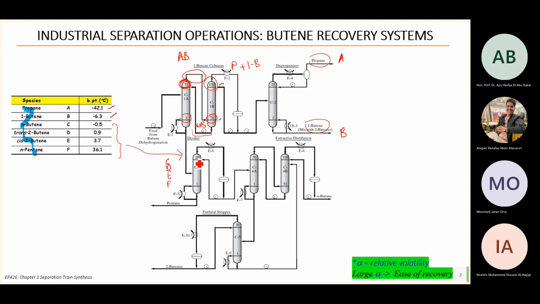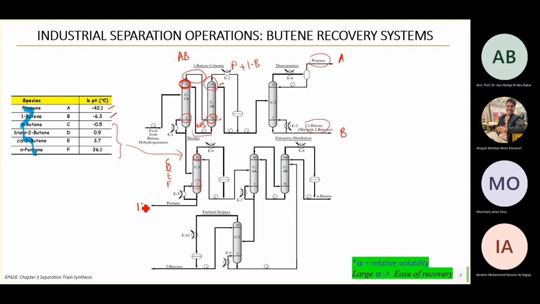Between C, D, E, F, butane is the most volatile, and pentane is on top over here.